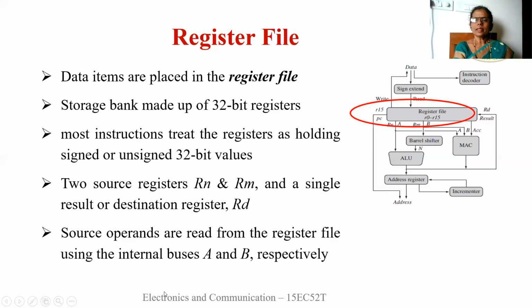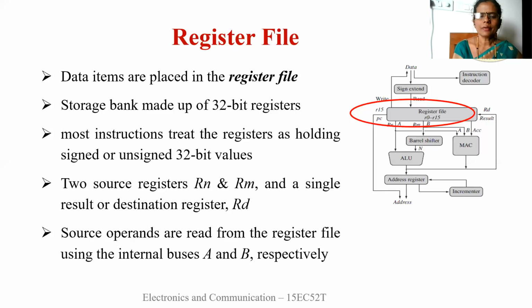So if you look in the diagram, there are three registers we can see, Rn, Rm and Rd. Rn and Rm are called source registers and there is only one destination register, Rd. D stands for destination, whereas N and M belong to source registers.